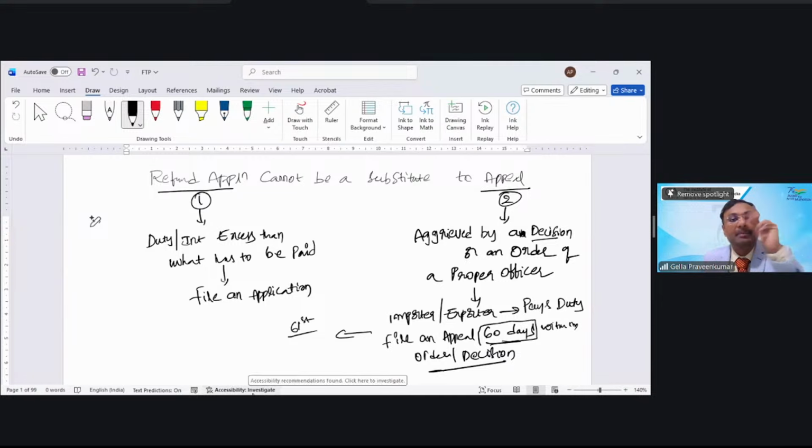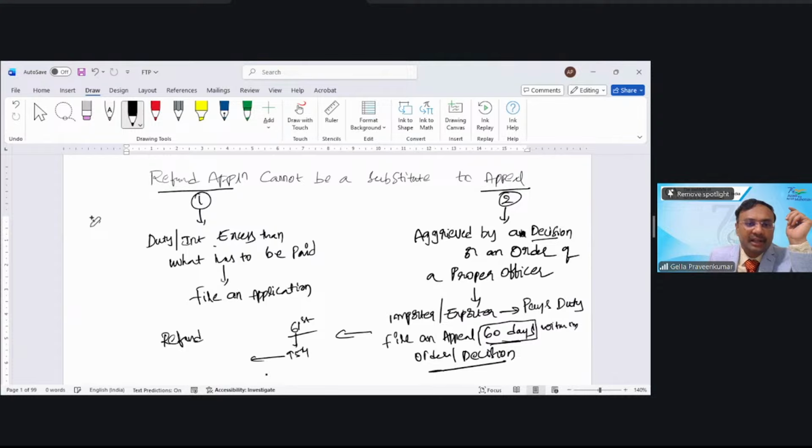By the time they approached and the decision is made on the 95th day, Mr. Swaminathan decided, let's file an appeal, by which time the due date for filing an appeal is over. Then they try to explore, let's not file an appeal, rather let us file a refund application.